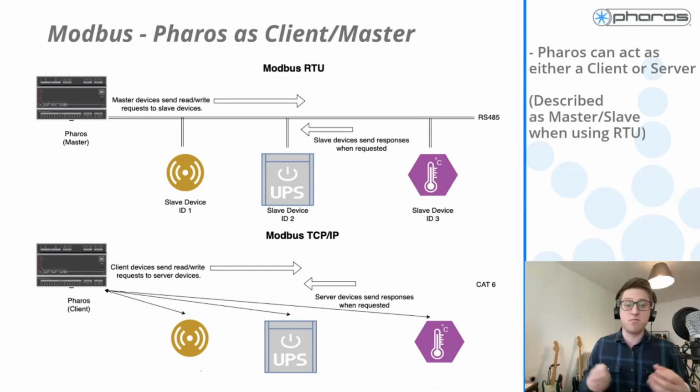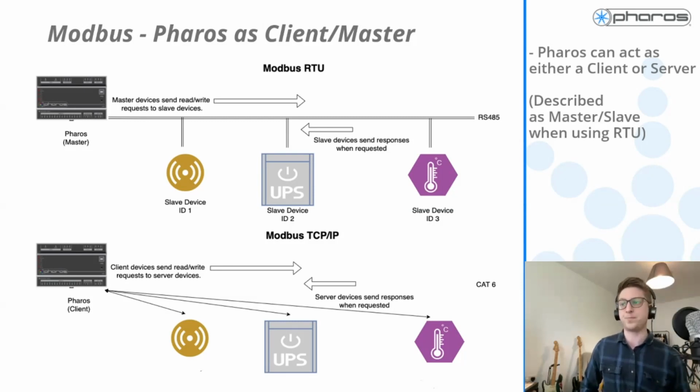So it's a really good option for integrating with other sensors and devices. More often than not, if you're integrating with an actual building management system, Pharos is going to be acting as the slave or the server device. But we do have that capability to make it the master or the client, just so that it can integrate with external devices such as sensors and UPSs. So this is a really cool part of what we've developed, and hopefully, with those smaller systems, you'll find that really useful.